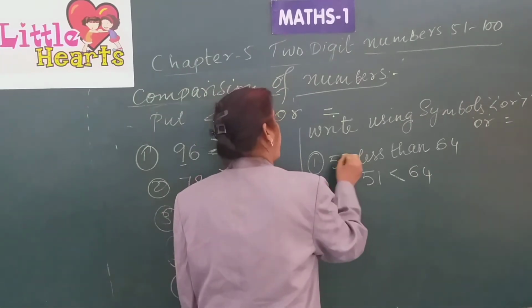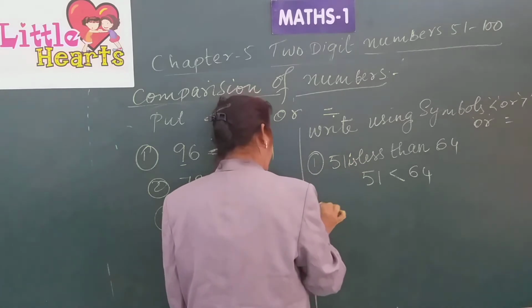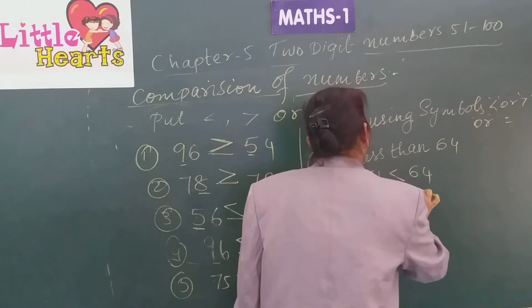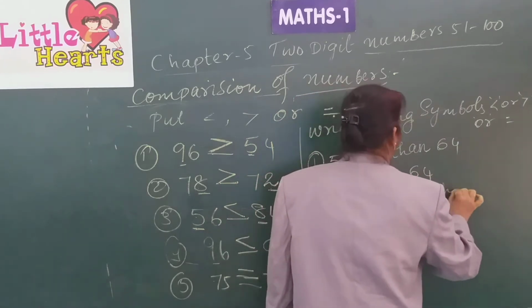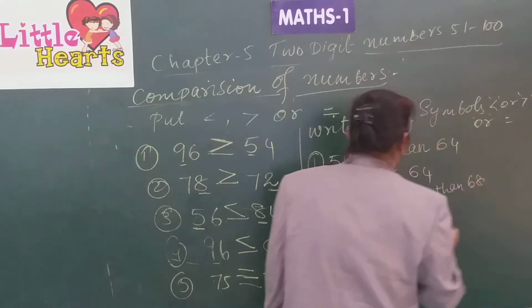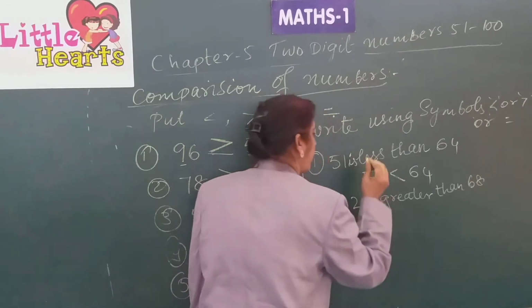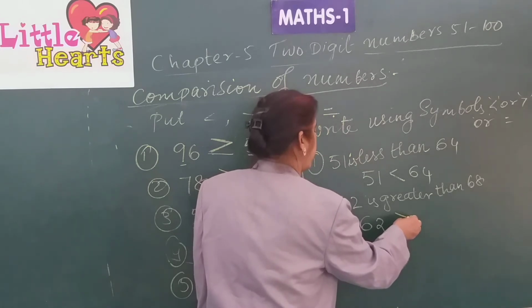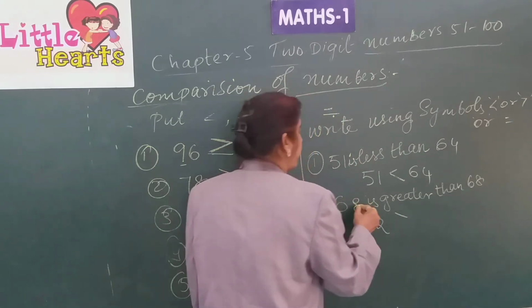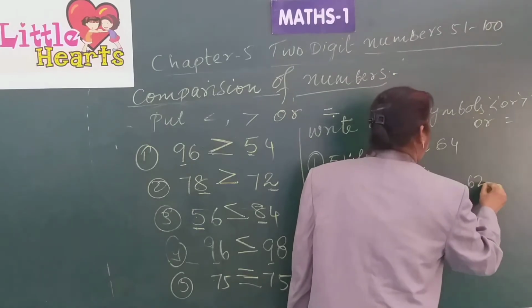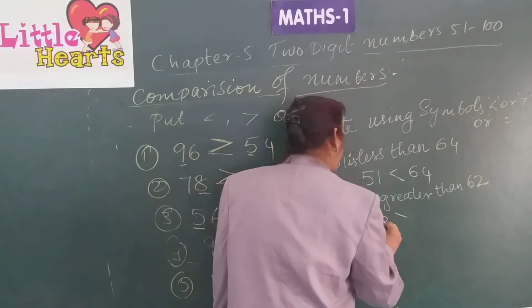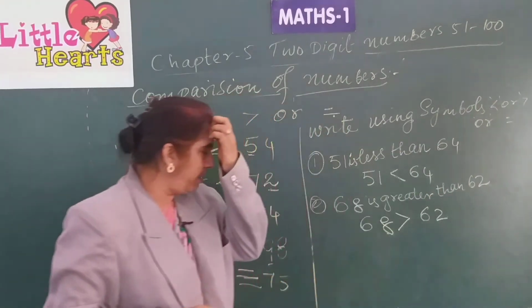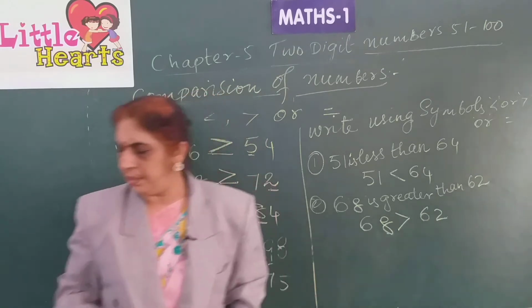Next, 62 and 68. 62 is less than 68, and 68 is greater than 62. Just we are using the symbol between the given two numbers.